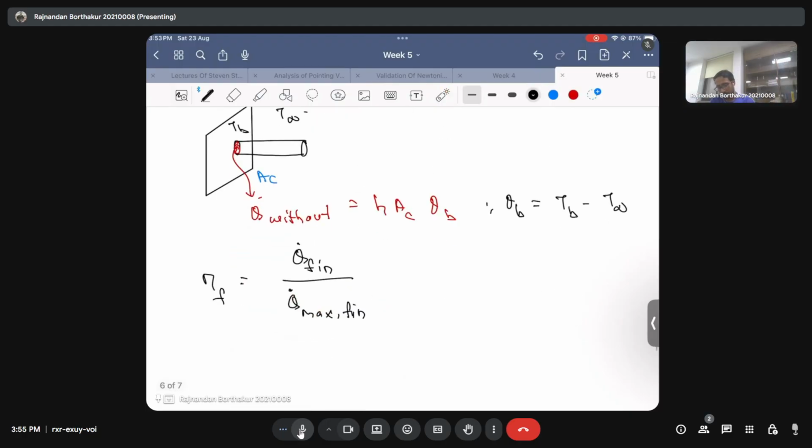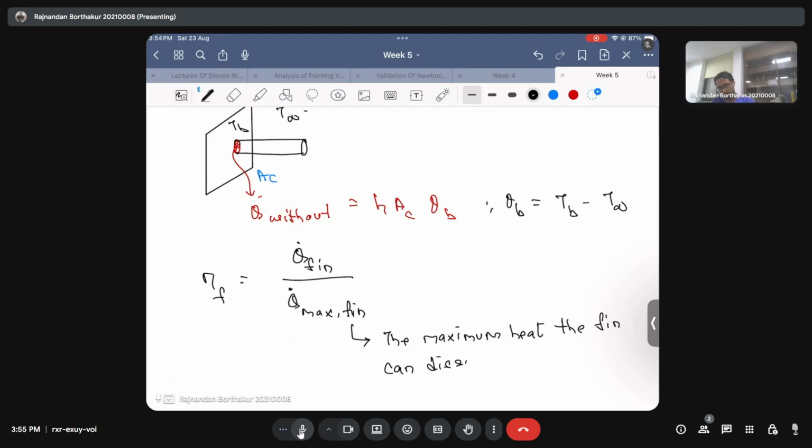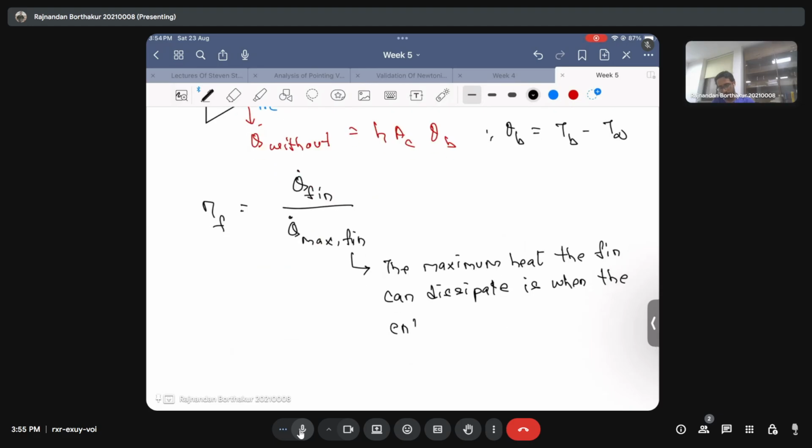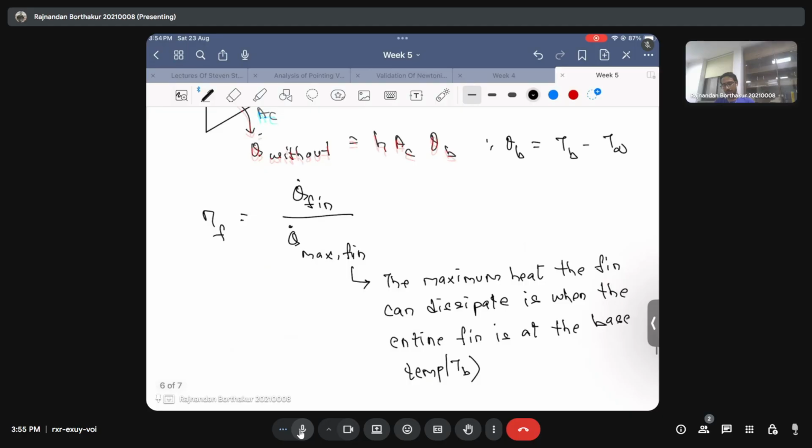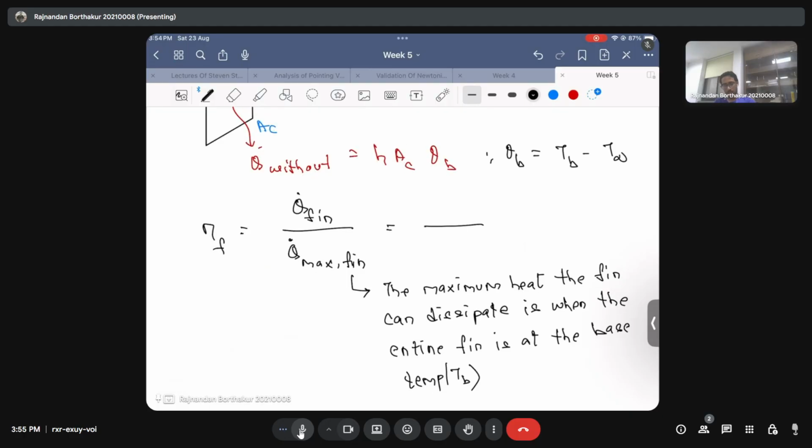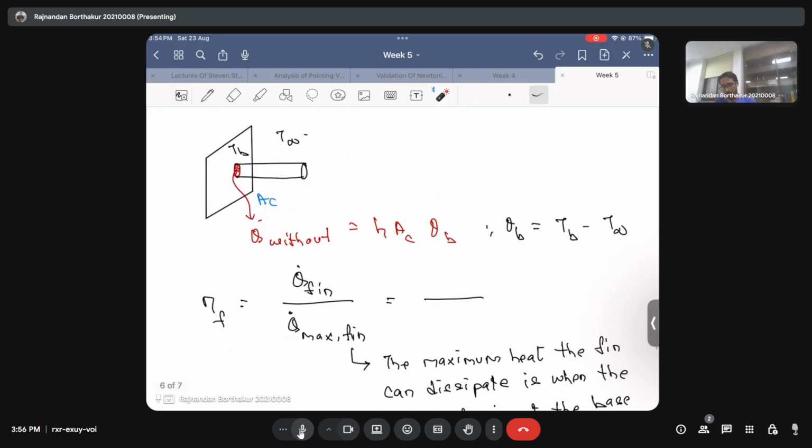Okay, which means that, I'll write it down, the maximum heat the fin can dissipate is when the entire fin is at the base temperature T_b. Then, using this information, what would be the maximum rate of heat transfer from the fin?